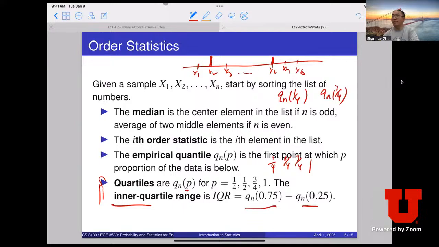Any thoughts? We're assuming X1 through X8, so we have eight random variables, and we're assuming they are sorted. Now we see that X6 should be the quartile at 3/4. Why?